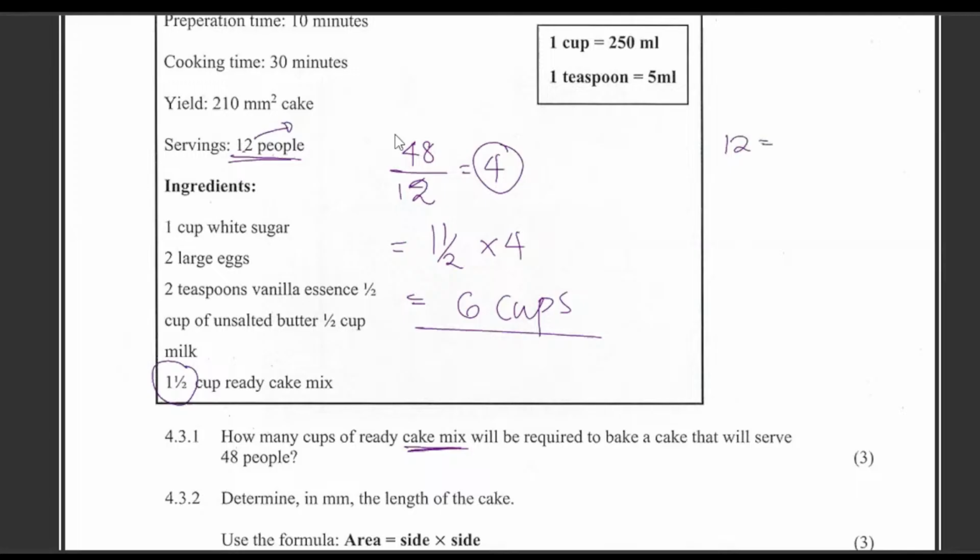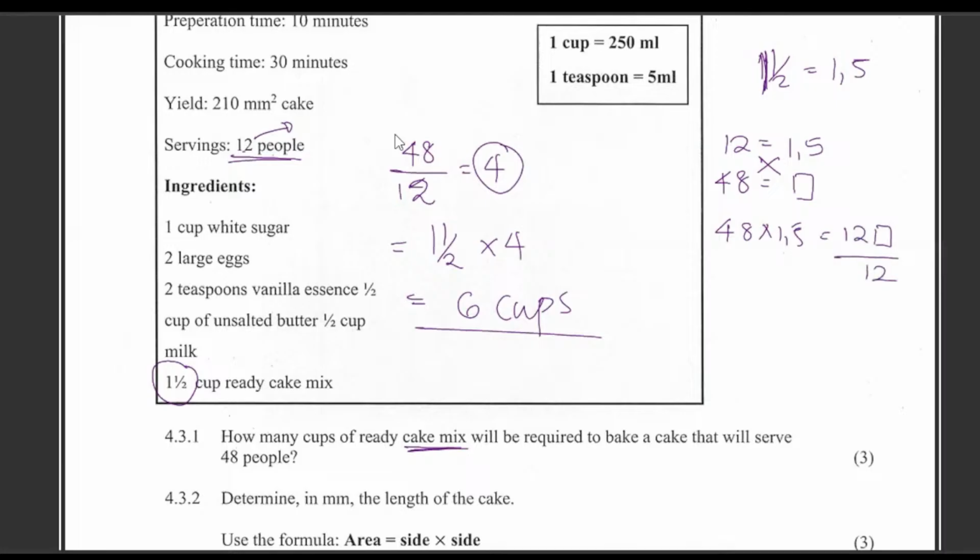6 cups. Another way of doing this, you would have said, if 12 needs 1.5, then 12 gives you 1.5. What about 48? What will it give you? Cross multiply. The reason why we do this is to avoid confusion. So we say 48 times 1.5 equals 12 times the box.